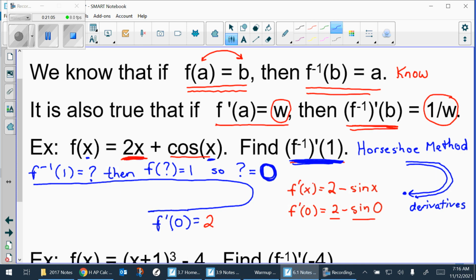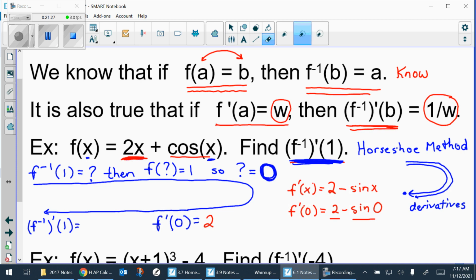So let's finish off our horseshoe. Let's answer the question at hand. And the question at hand is, what is f inverse prime of 1? Now let's come back up here to the theorem.